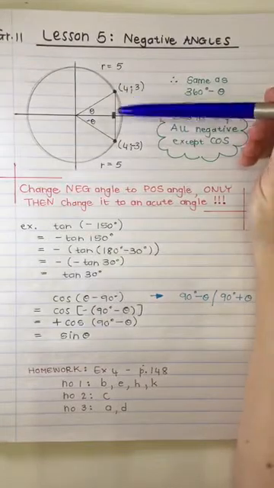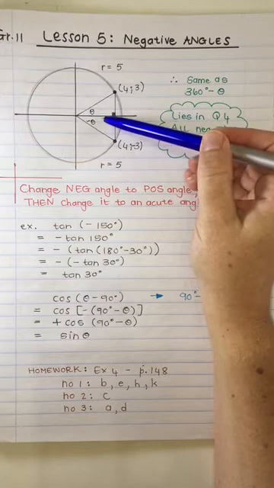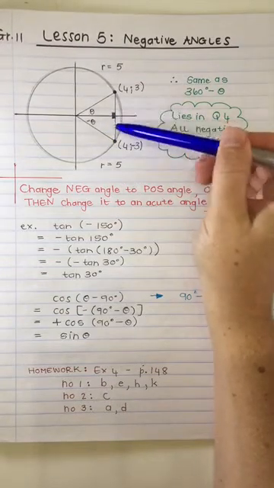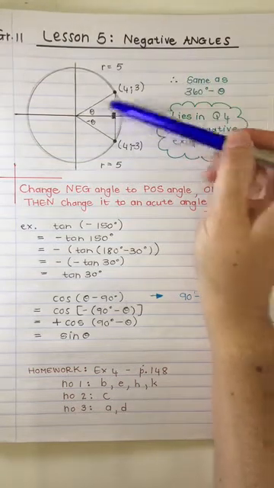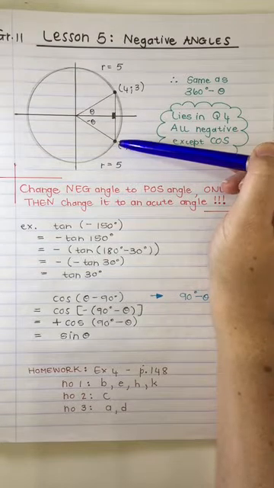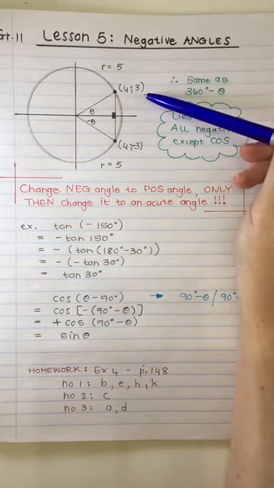Okay, so here we can see two triangles. First of all, we can see that this triangle is an exact mirror image of the other one. That means that R will be the same, because R is always the same, and R is always positive, so R is 5. They will also have exactly the same coordinates.